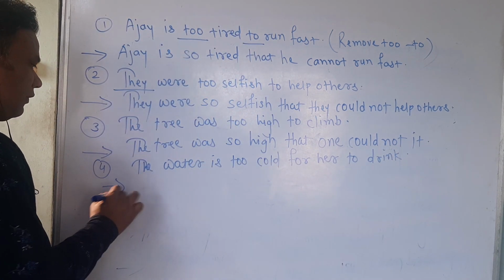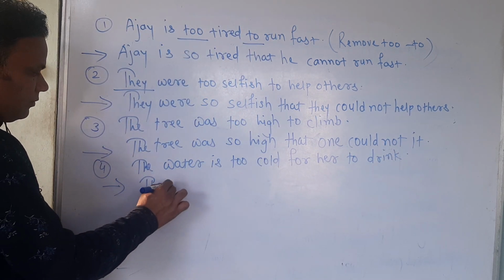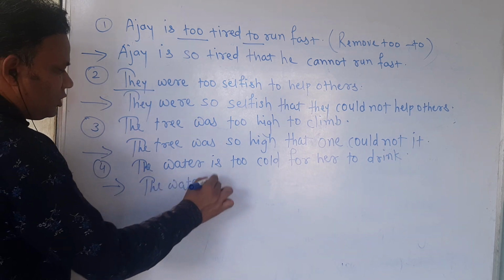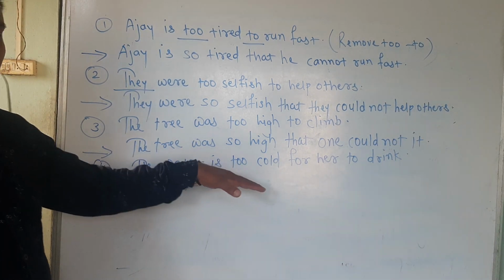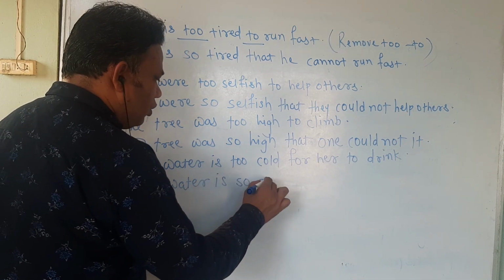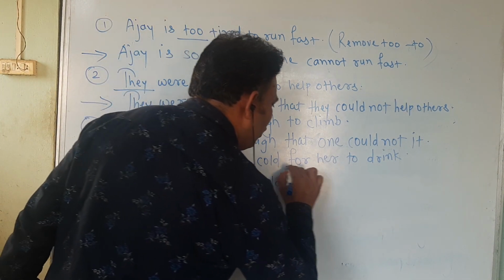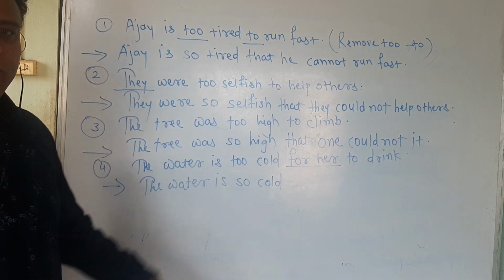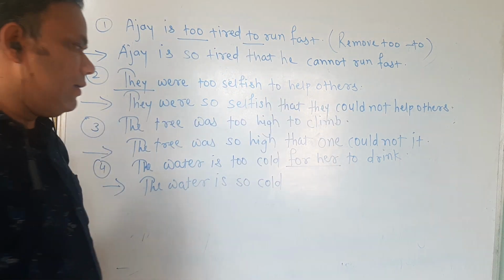The answer we have to start from here only. The water is TO2 we have to replace with so cold, and now for her we have to convert with that she.